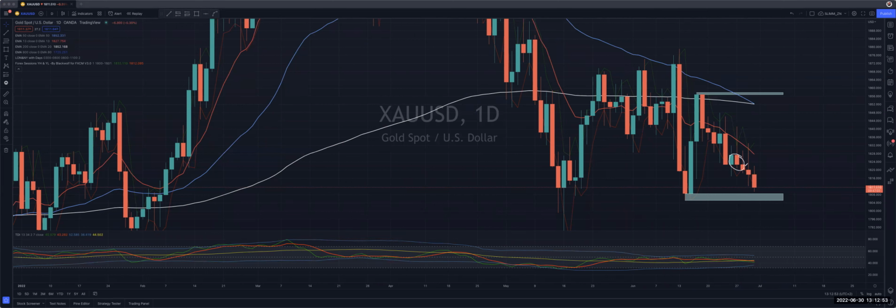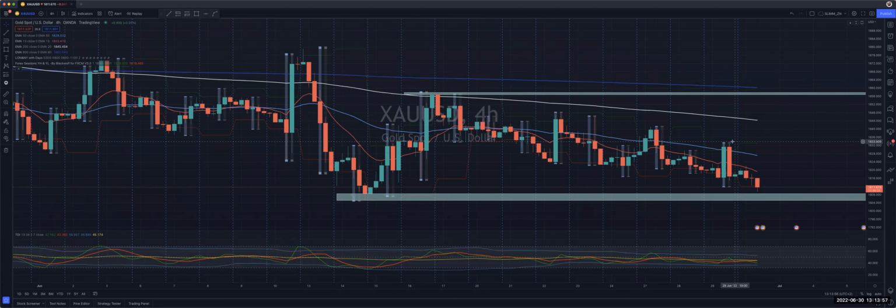The 4-hour time frame doesn't really show what I want to explain, because here the period separators separate the days and not the weeks. So let's see, from around the 27th, I think. Yeah, from roundabout here, that's our week's price action.